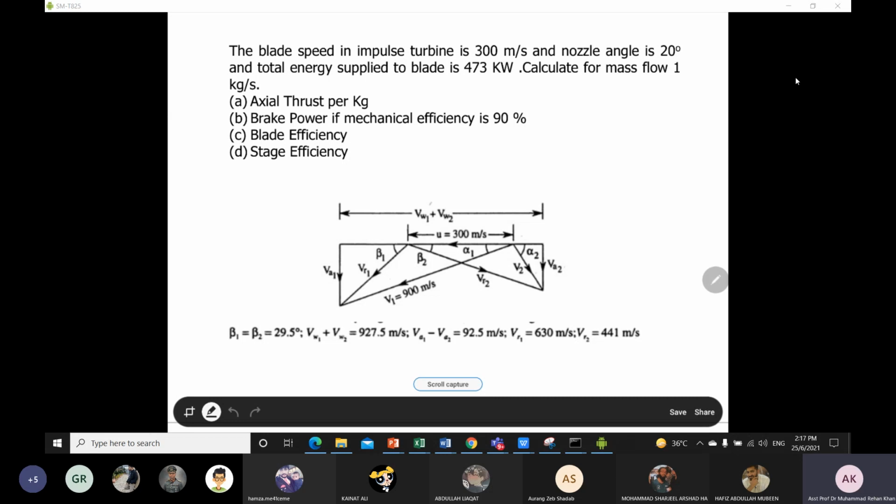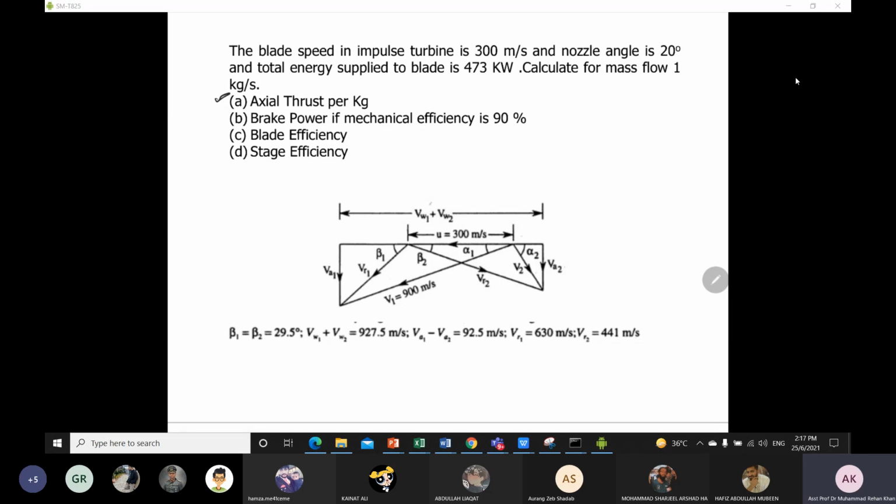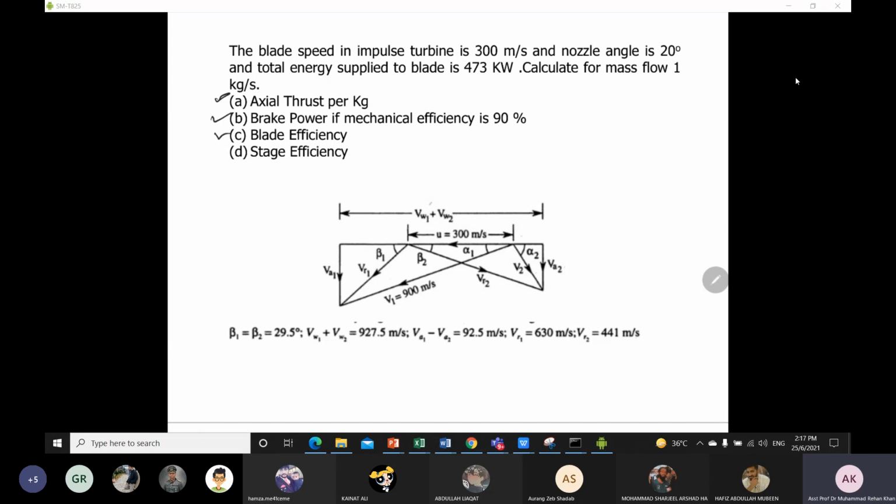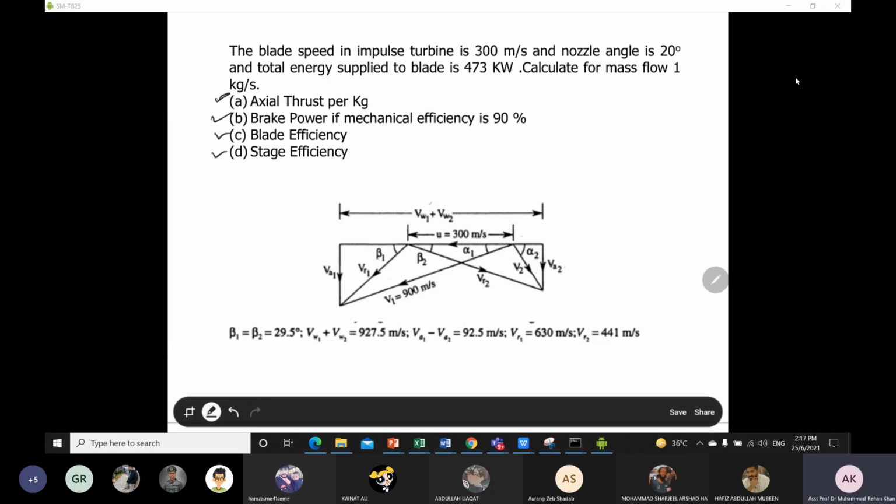So calculate for mass flow 1 kg per second. The things required are: A, the axial thrust per kg; brake power, with mechanical efficiency 90; blade efficiency; and stage efficiency. Okay, so all these things you have to find out.